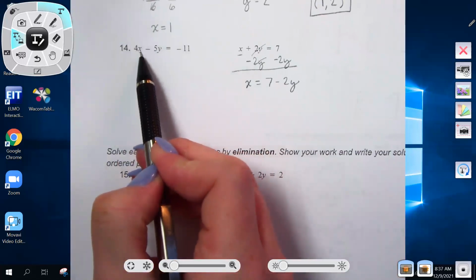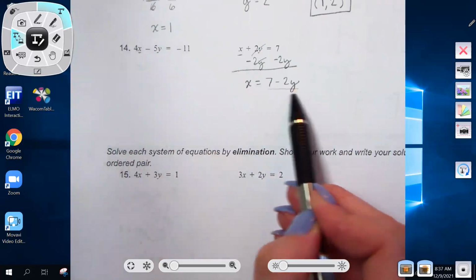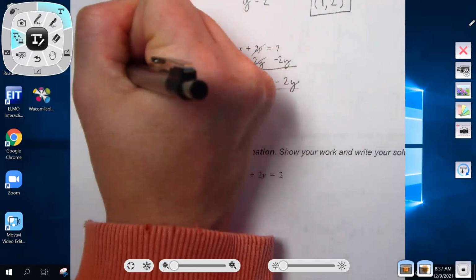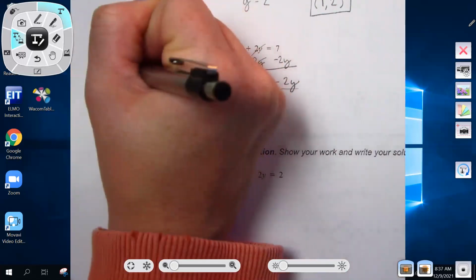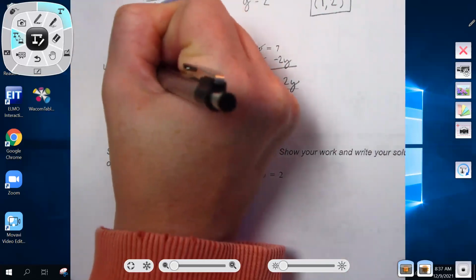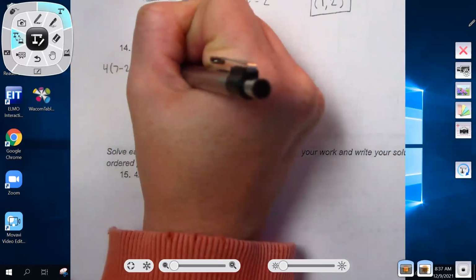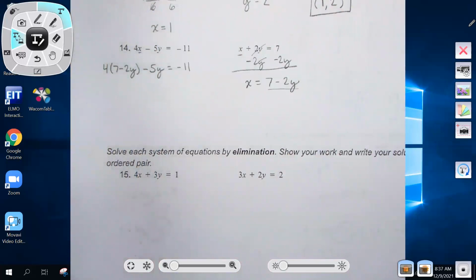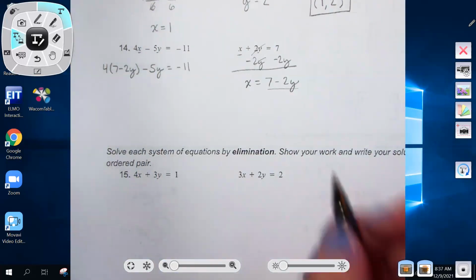So instead of this x right here, I can plug in 7 minus 2y because that's what x is equal to. So instead of 4x, we have 4 times (7 minus 2y), then minus 5y equals negative 11. All I did was replace x with what x is equal to.